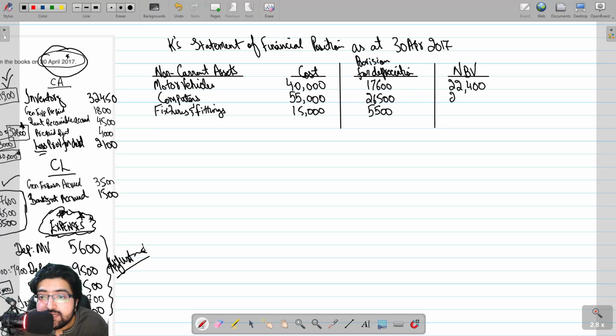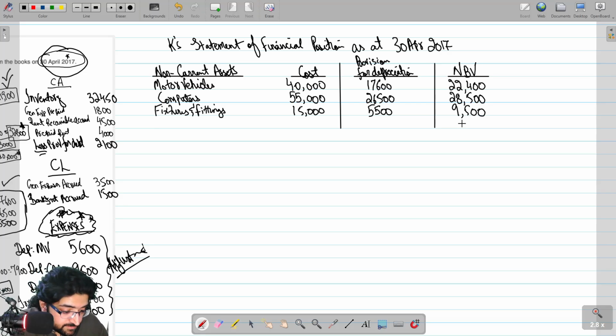I will get 28,500 as the net book value of computers. Fixtures and fittings, cost is 15,000. Provision for depreciation is 5,500. So the actual remaining value is 9,500. Okay? Now we have to use our calculators and find this value.